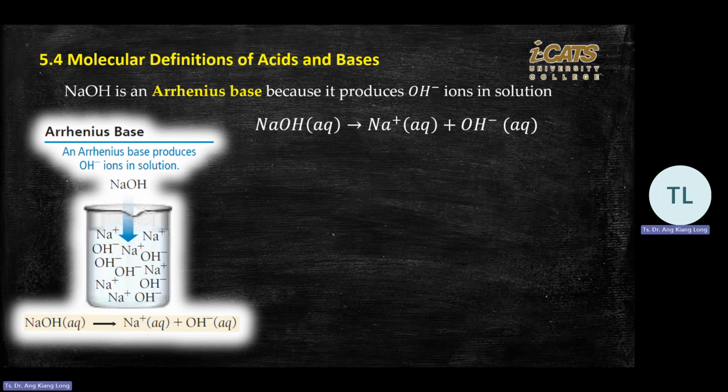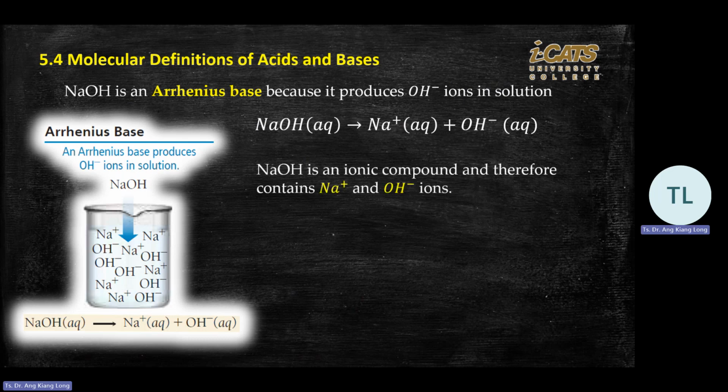You will generate Na plus and OH negative. If you see OH in this equation, it means you are generating an alkali solution. If you see H plus, you are generating an acid solution. Something like what you see on the screen here. Na positive and OH negative in the solution.